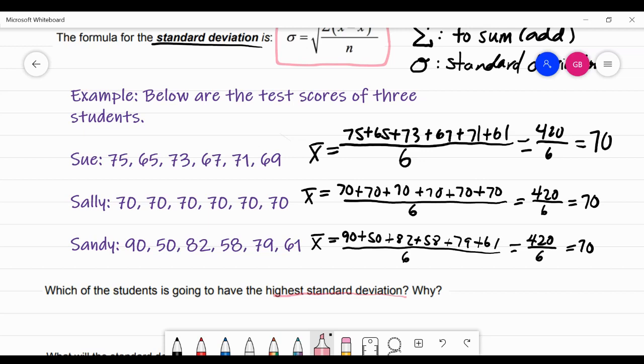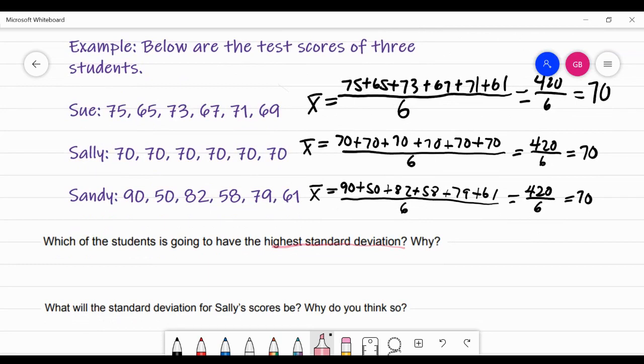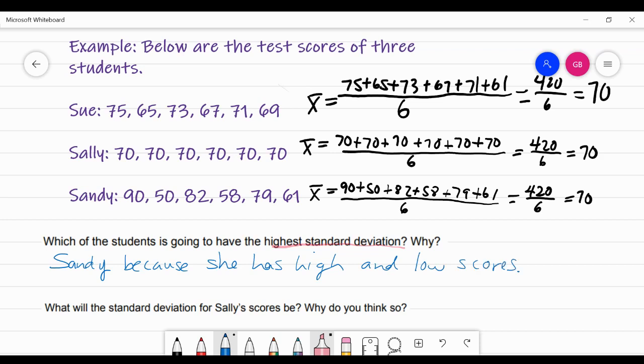So basically you want to know which student has their test scores spread out the most. And that student is Sandy, because she has high and low scores. Okay, it's spread out the most.